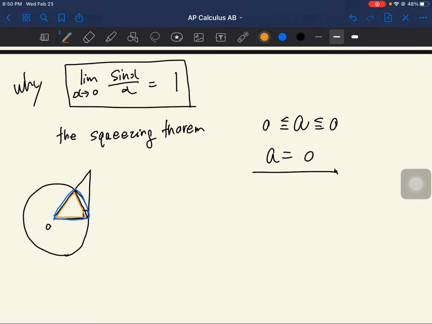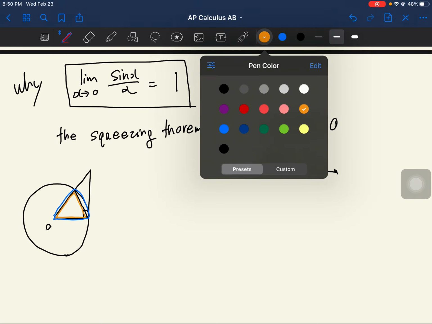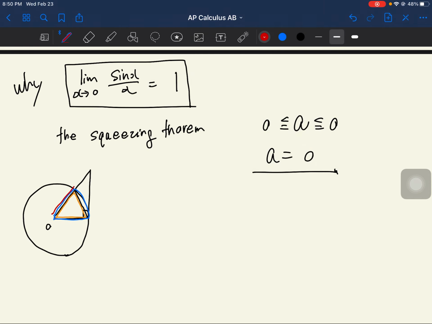Then for the third one, let me use another color. This right triangle. Sorry to mess it up with so many colors here, but let me compare.